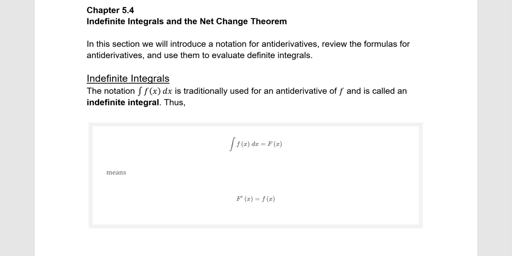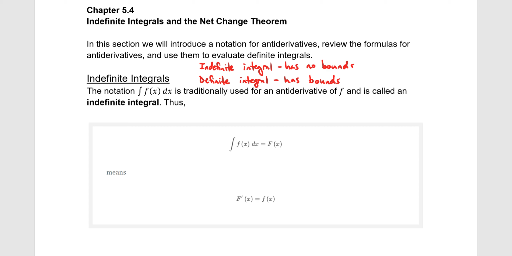So something that I think I mentioned sort of accidentally in the previous section, the term definite integral. I think I just said it in passing. A definite integral has bounds or limits of integration, and an indefinite integral has no bounds.